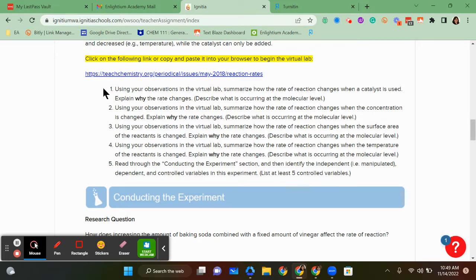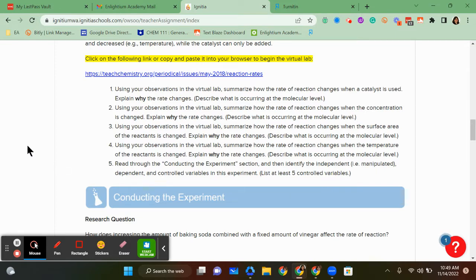Now, using that simulation, you are going to change some of the variables to take a look at the reaction as a catalyst is added. That's question number one. And then you also are changing the concentration of the reactants and the surface area and also temperature.